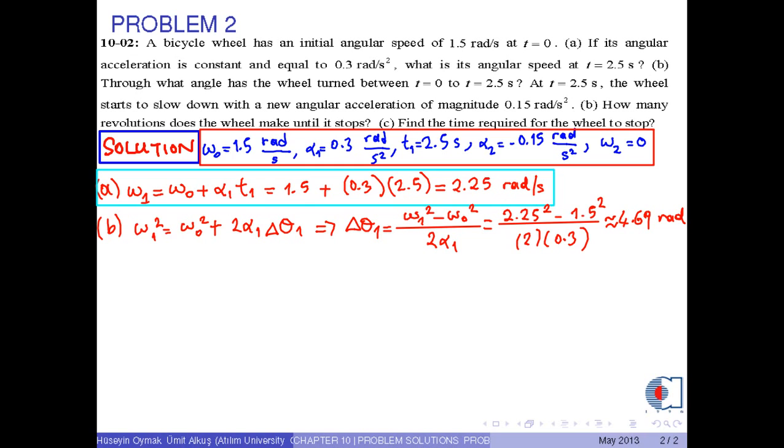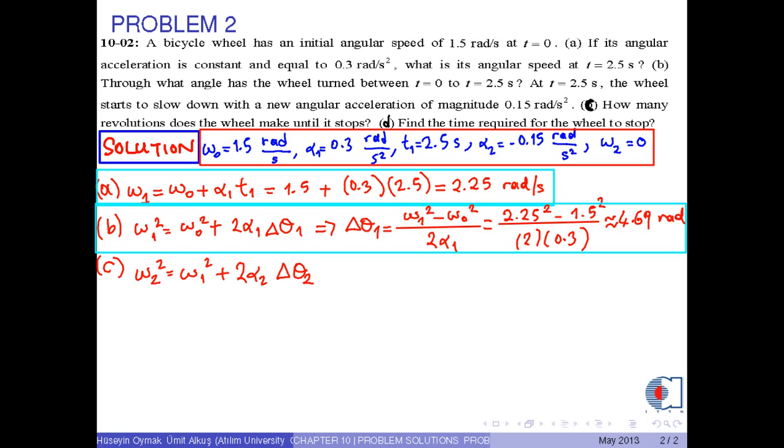In part C, again we use this formula to find the revolutions the wheel makes until it stops. Here omega 2 is the final velocity, which is 0. Omega 1 is the angular speed that we have found in part A. Alpha 2 is the negative angular acceleration for the wheel to start to slow down.